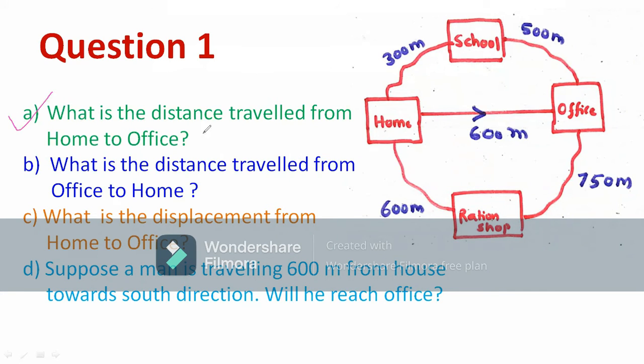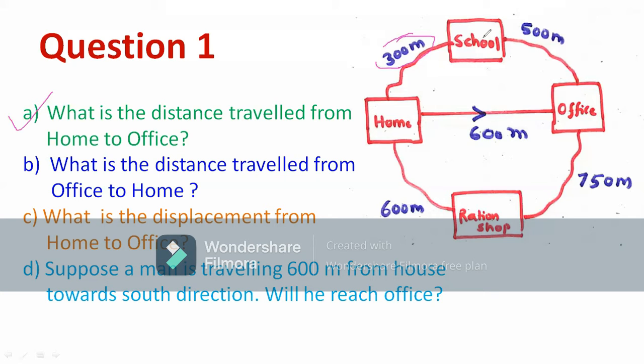Question number A. What is the distance traveled from home to office? So look at home and office. First of all, the person travels from home to school. Home to school, you can see, is around 300 meters.